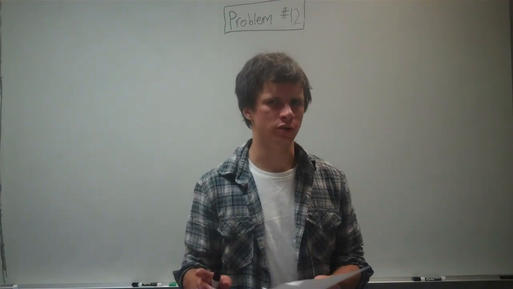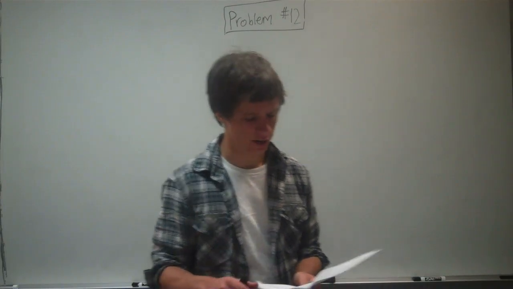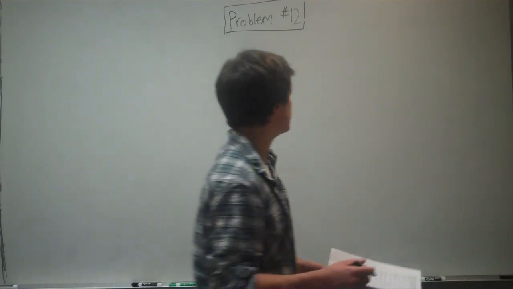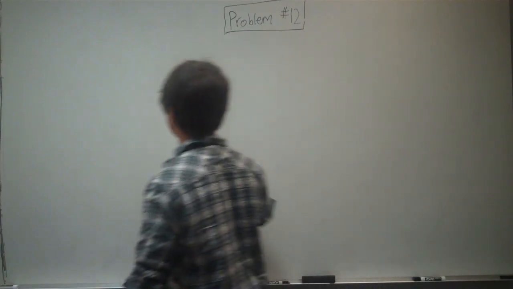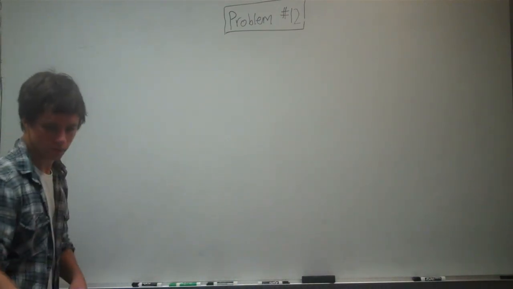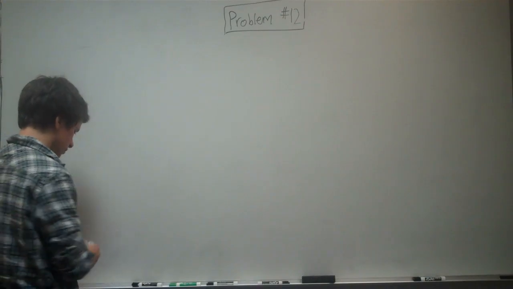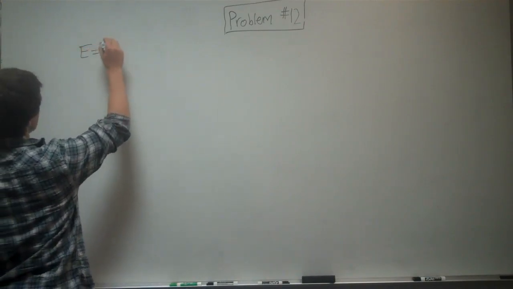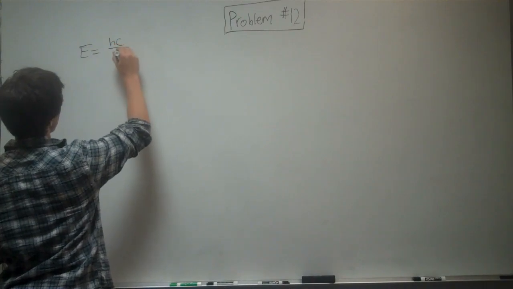So the first thing you should notice about this problem is that they give you an energy and they want the wavelength. So we're going to be using the equation, energy equals hc over wavelength.